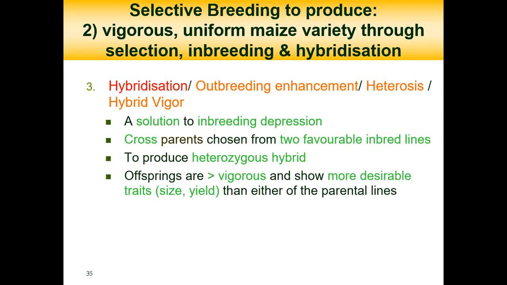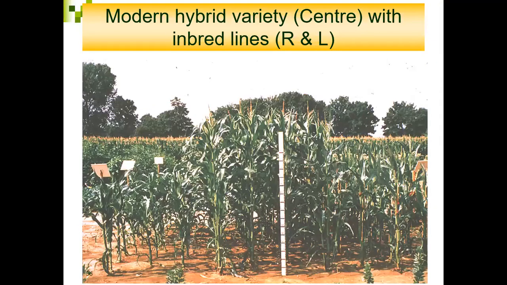It means the size is bigger, the yield is better than both the parental lines, which could be experiencing inbreeding depression. So this picture shows an example. The maize plants on the left and right are purebred. Purebred means that they are pure breeding, homozygous, from different areas.